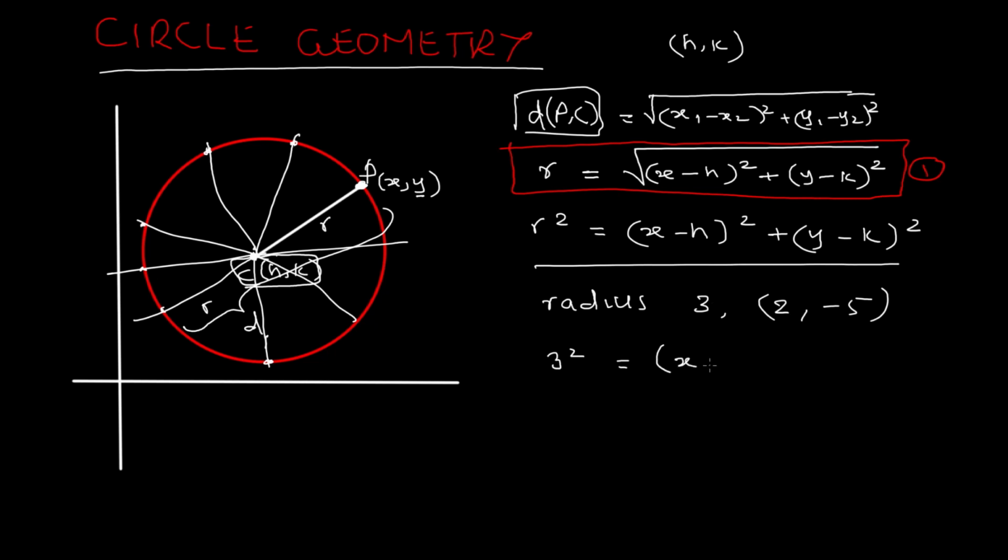So H we said is 2, plus (Y minus 5). So we have 9 is equal to (X minus 2) squared. We don't forget our square signs. Then plus, here we get (Y minus 5) squared.